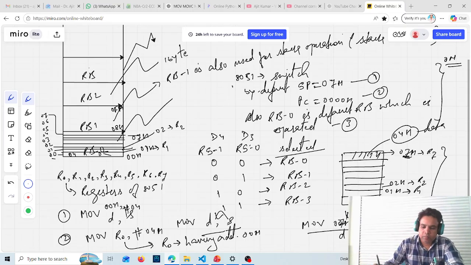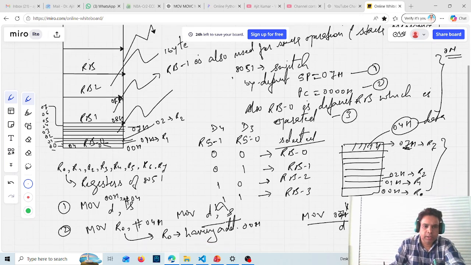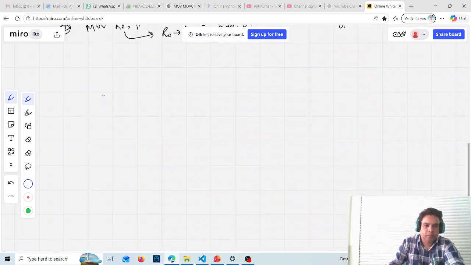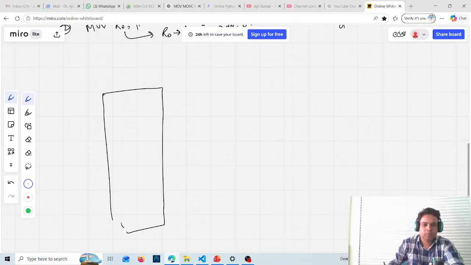Now, the same thing is applicable for register bank 1 also. I'll show you. Let's say up to here register bank 0 was there, so 00 was assigned to R0. Now let's say this is register bank 1. What is the starting address?